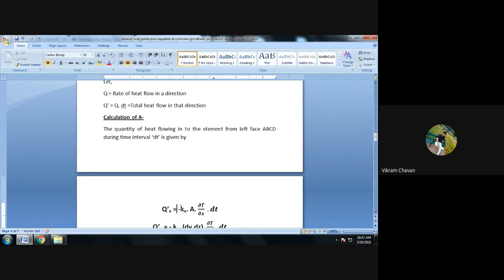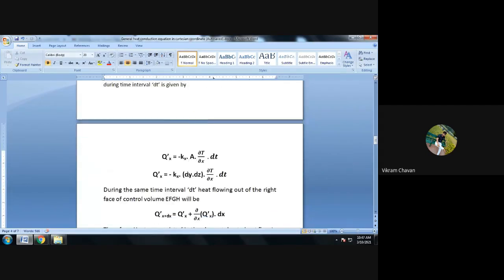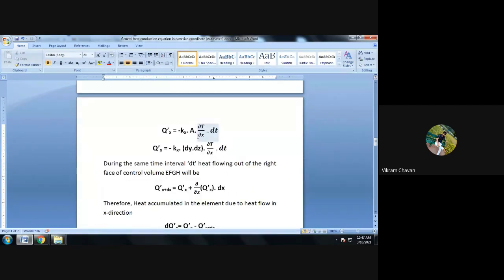So q dash x will be equal to minus k suffix x multiplied by A multiplied by the partial derivative of T with respect to x, multiplied by time interval dt.